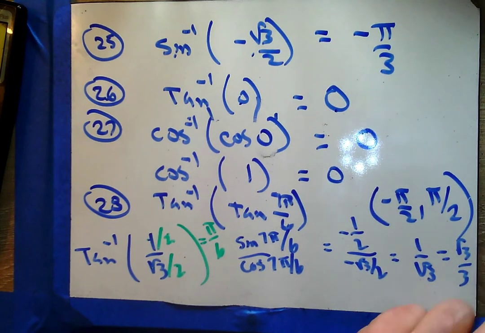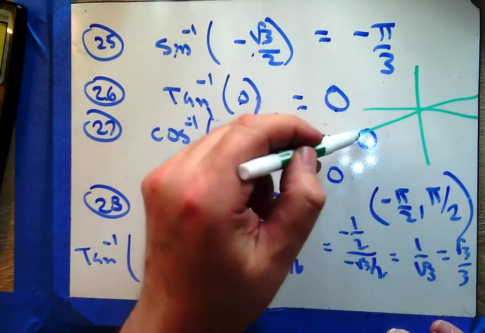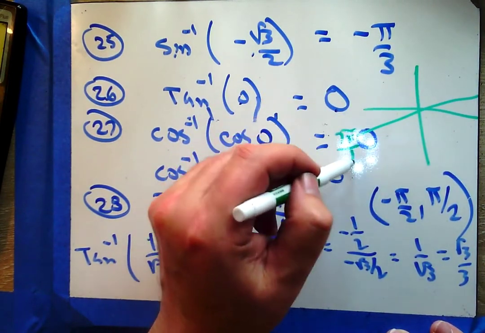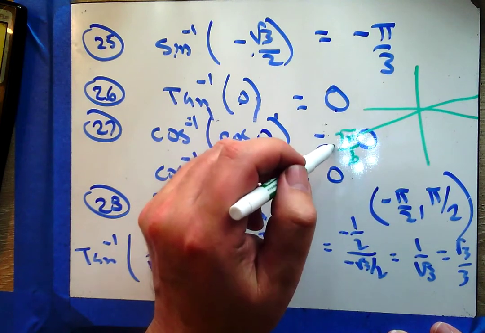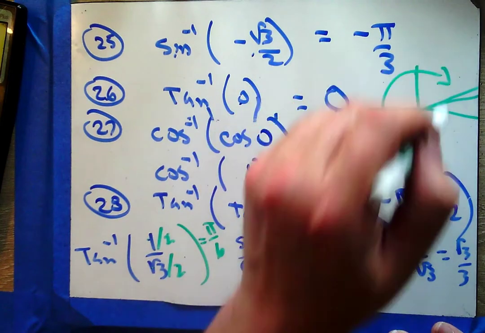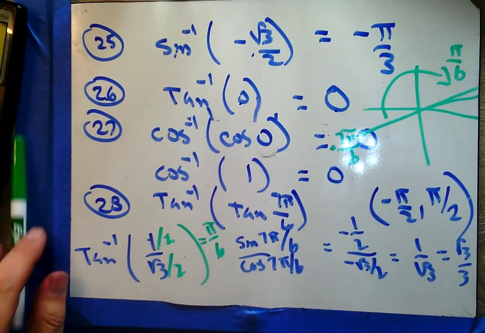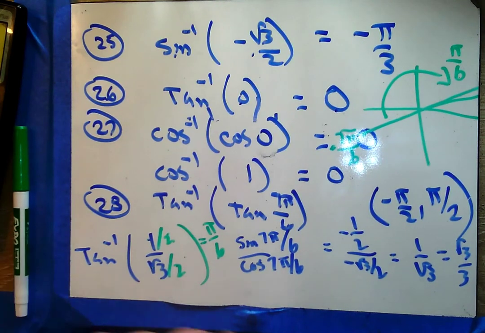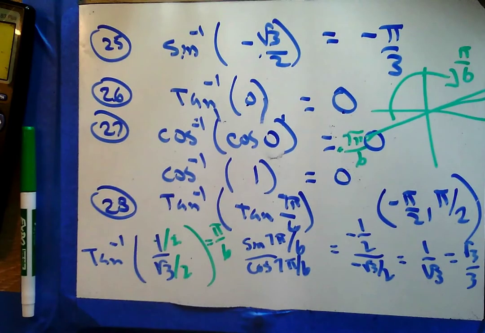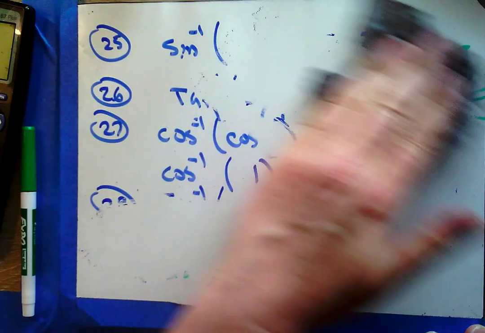The pause I had just there was thinking about the problem this way, and we had negative 7 pi over 6 where we had negative over negative for positive, but one period away, pi away over here at pi over 6, the sine and cosine are positive as well. So I felt comfortable then with that. But I had to think about it for a minute. Okay. That was 28.